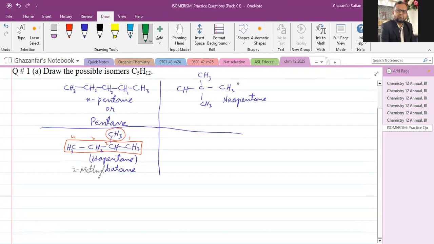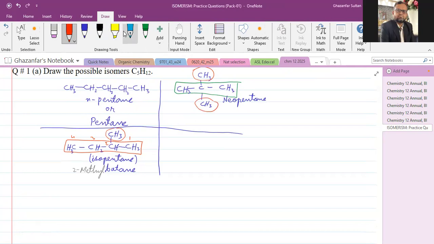depends on the groups. I'm sorry, there should be CH3. So numbering can be on either side because on the second carbon, two methyl groups are there.